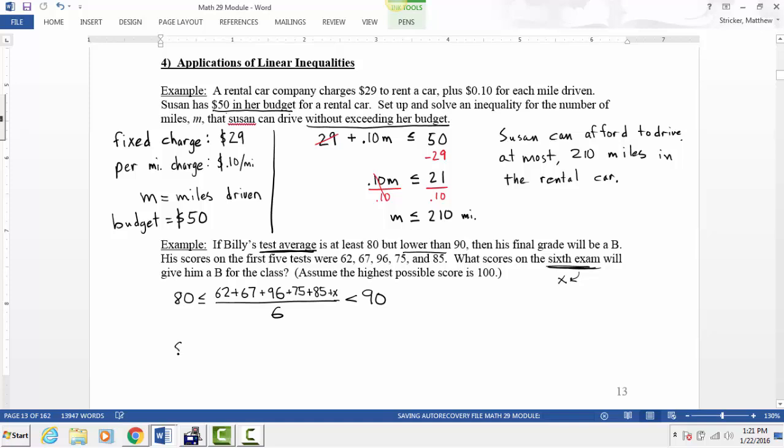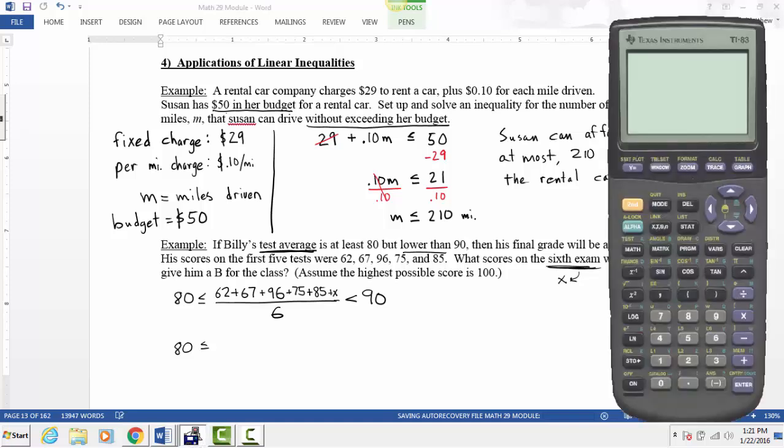So we could simplify a little bit here. We have 80 is less than or equal to, let's add up those scores that we do know. So we have 62 plus 67 plus 96 plus 75 plus 85 equals 385.